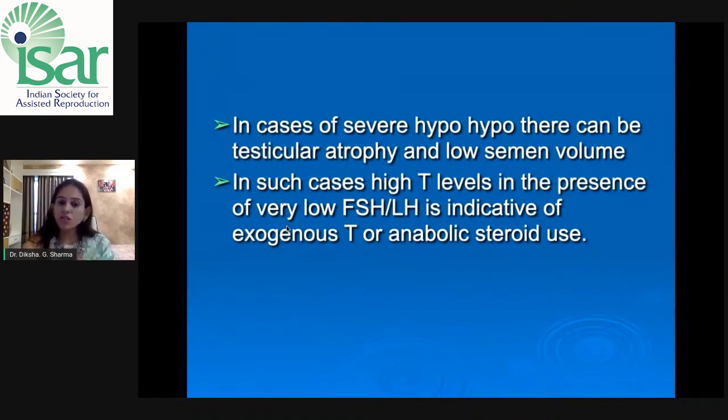So differentiation between hypogonadotrophic hypogonadism, which is idiopathic or due to a hypothalamic pituitary cause, and anabolic steroids is by the testosterone levels. In hypogonadotrophic hypogonadism, the testosterone levels will also be low, whereas in cases of exogenous testosterone or anabolic steroid use, the testosterone levels will be high.